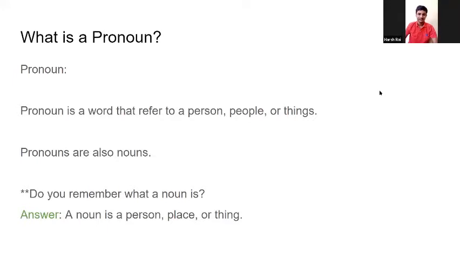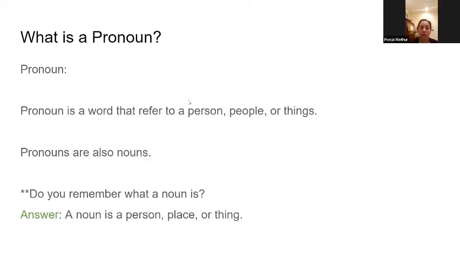Okay, let us revise pronouns. Pronouns, what is it? A person, people or thing.